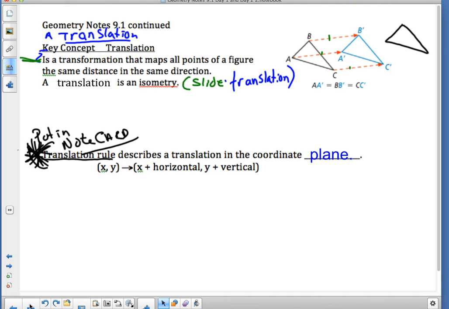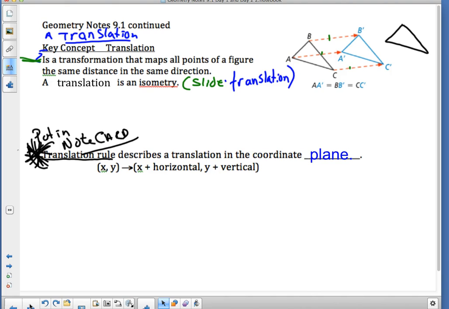Notation's important. I take my pre-image, and if you give me a translation rule, I expect the pre-image represented by XY. And then I expect the change, where you're going to have a horizontal and a vertical. Think, X is left to right and it's a horizontal change. Y is up and down, a vertical change.